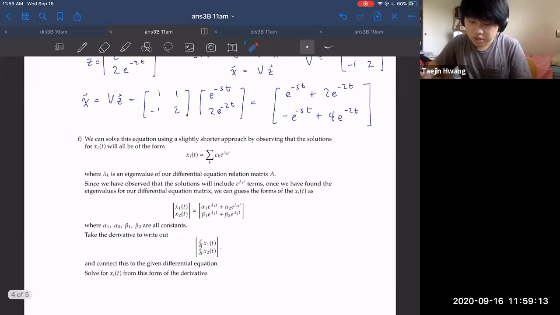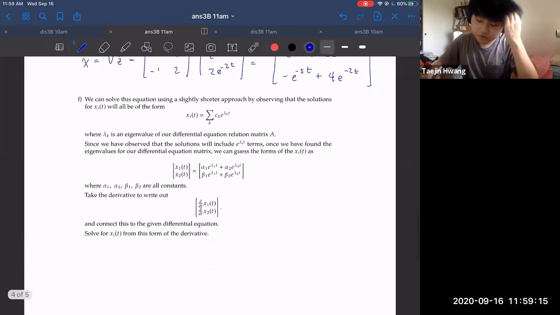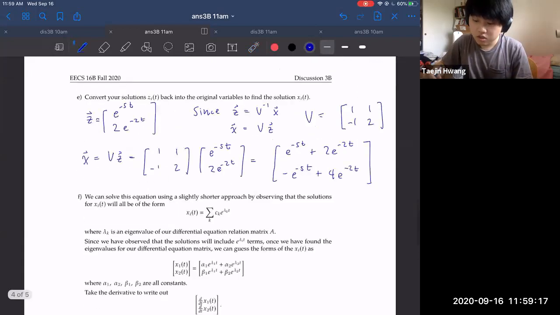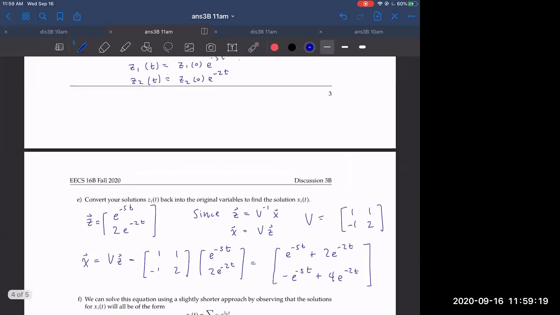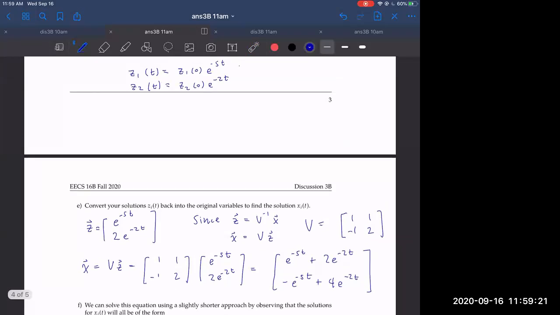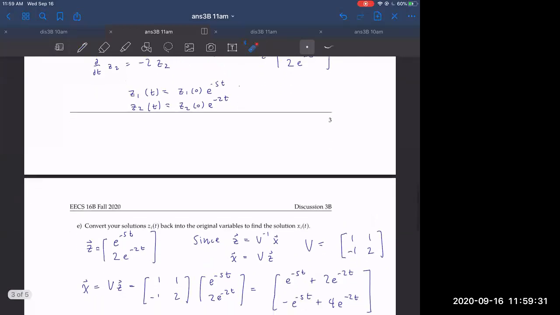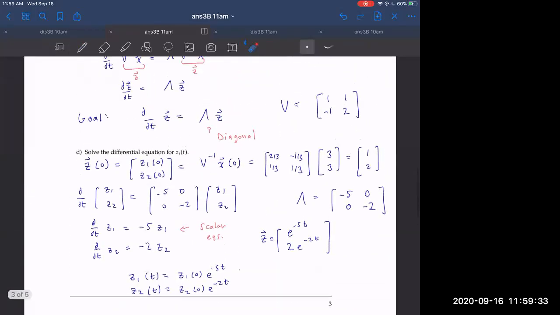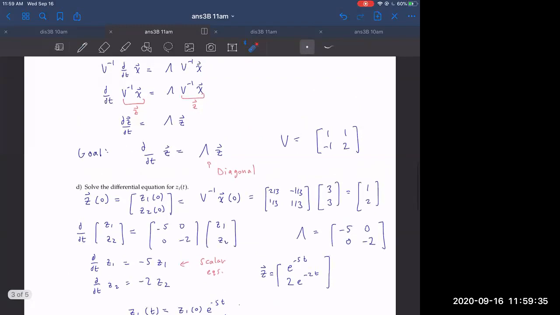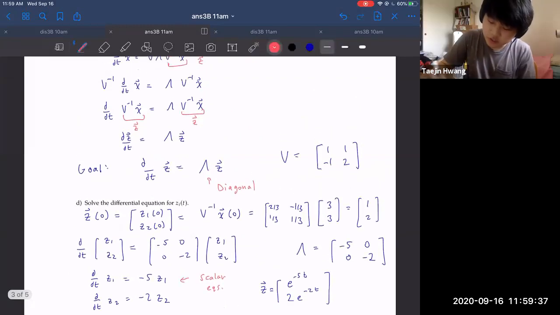And last thing I want to say about part F. Real quick, Tejan. Yeah, I noticed that your z would be a product of a diagonal matrix and a bunch of scalars, right? So why does that result in a column vector and not a diagonal matrix? Can you just ignore the zeros? Wait, so z here is a vector.